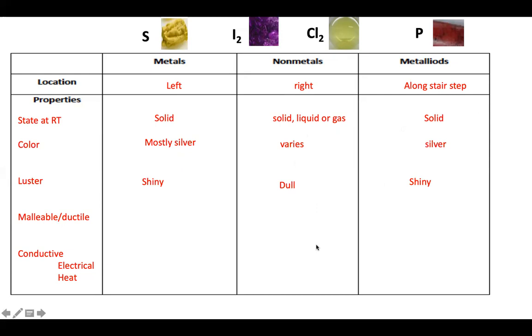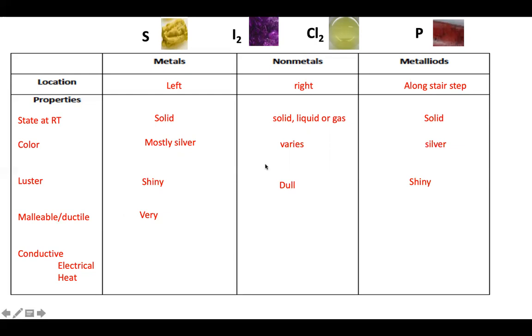Now, metals tend to be very malleable, which means I can hammer them and form sheets. They will not break apart, but they will take a shape by hammering them. Ductile means I can draw them into a thin wire.